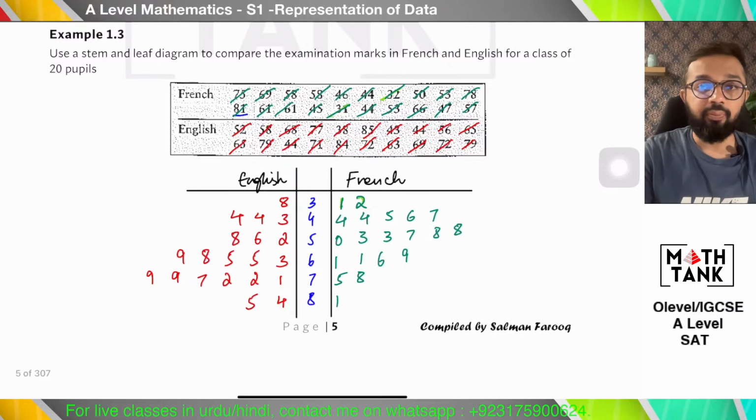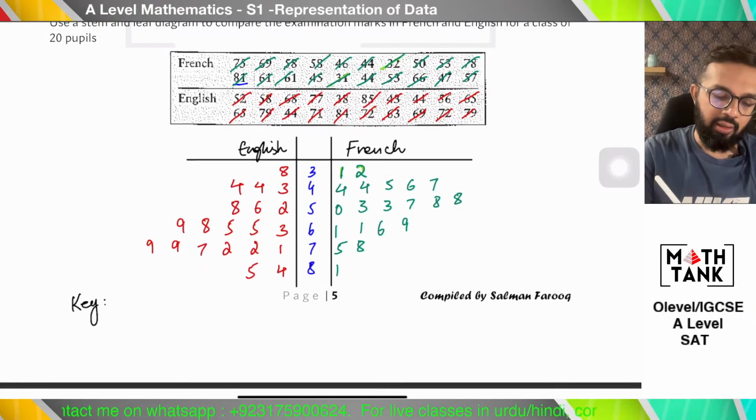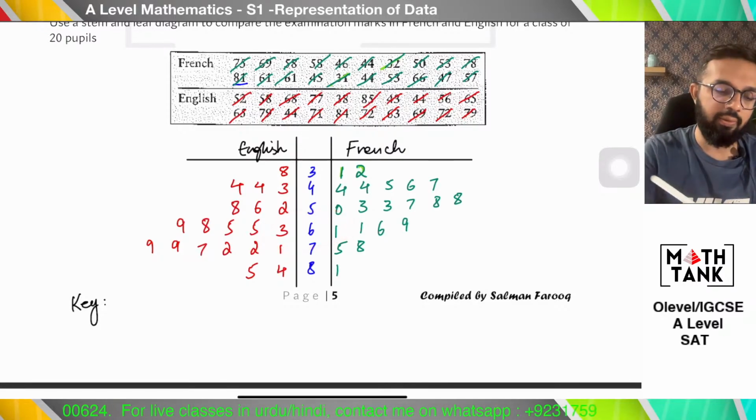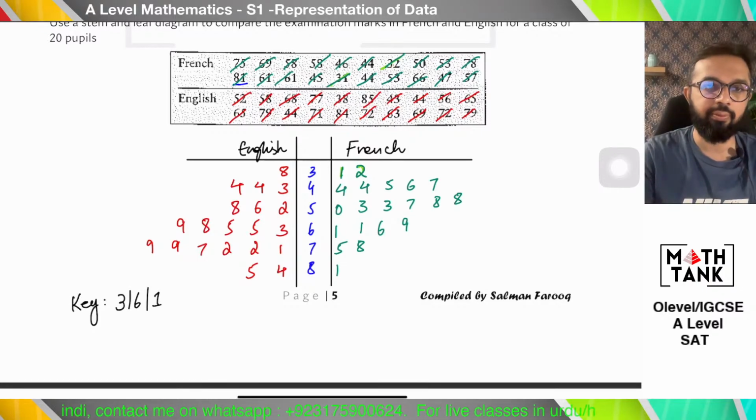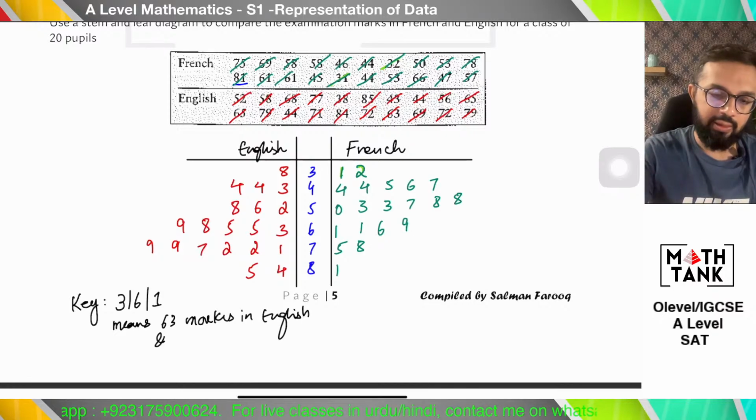Okay. Then how do we read the key? Please look at this carefully. The key is written this way. I can pick up any data set, any set of values. I wrote 3|6|1, which means 63 marks in English and 61 marks in French.